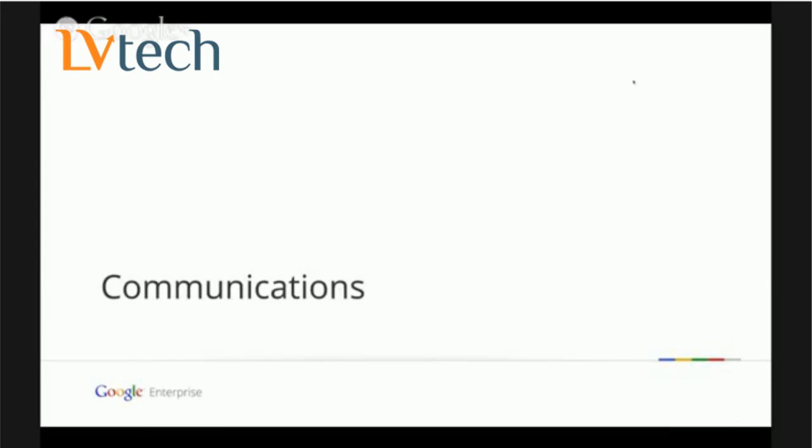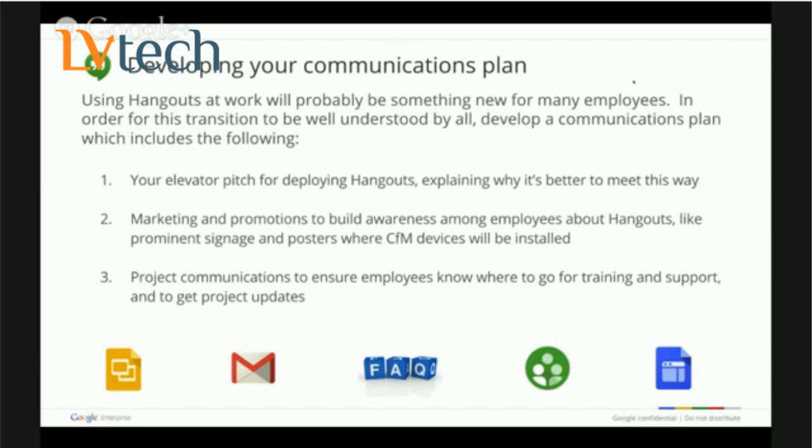And on that note, I just want to dip briefly into an aspect of communications. As you're well aware, if you're all familiar with rolling out apps in other organizations, communications is a key part of this. So it's important to actually develop a communications plan for Hangouts.